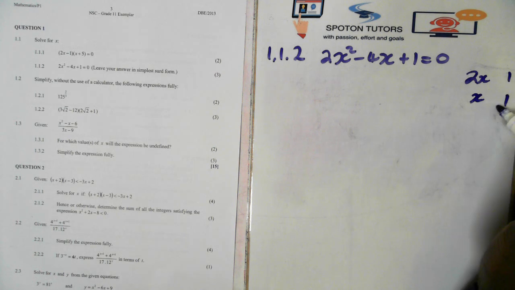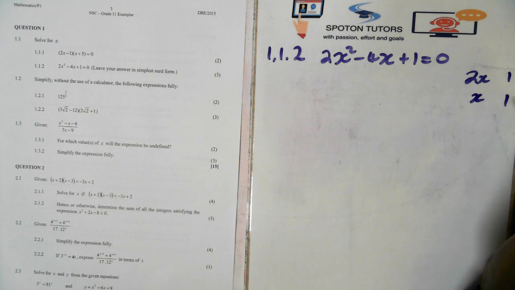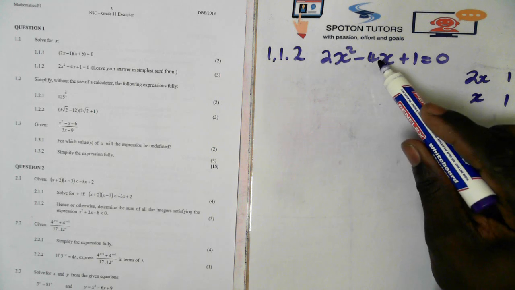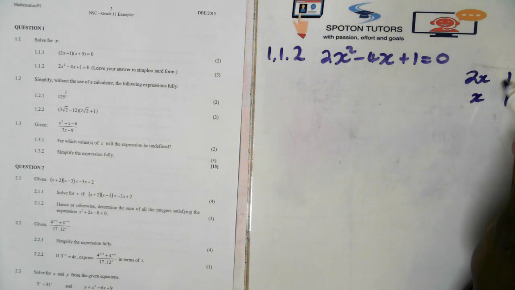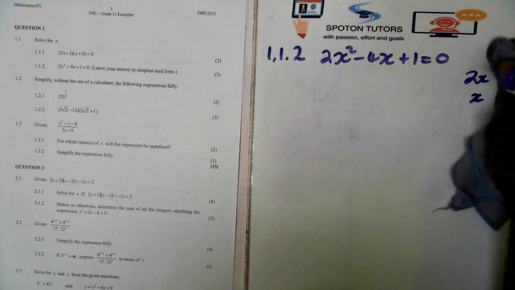You can try minus 1 and minus 1 and minus 2 and minus 2. Still, when you multiply these two numbers, 2x times 1 is 2x. x times 1 is 1x. This goes up to 3x. It does not go to minus 4x. So the normal factorization will not work here.